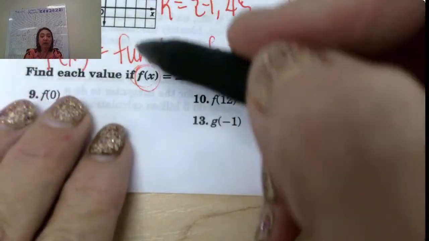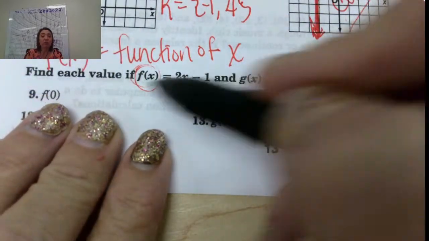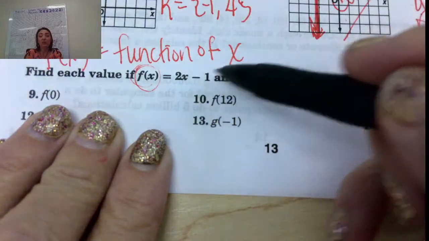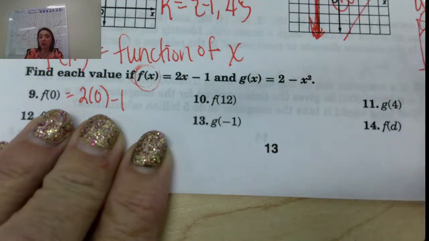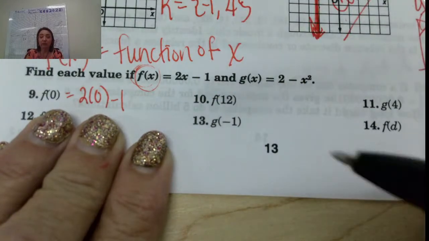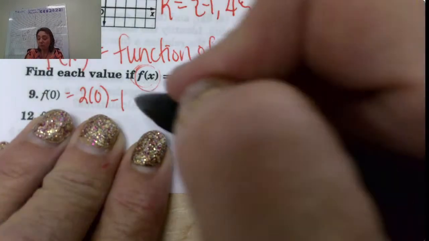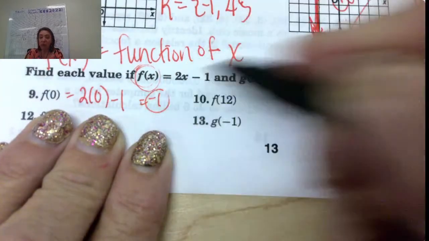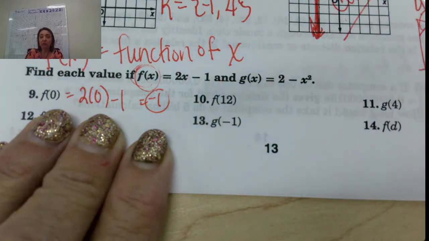So if we're looking at function of x equals 2x minus 1, but we're putting 0 in the place of the x, that means mathematically we have 2 times 0 minus 1. And then we just do that math. So what is 2 times 0 minus 1? And so that would be your answer, negative 1.